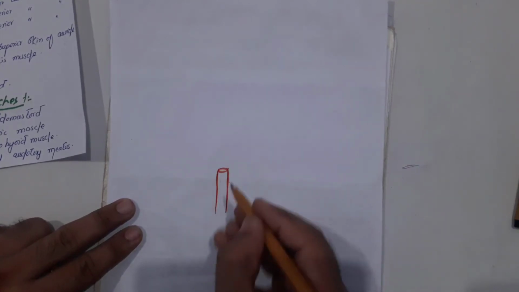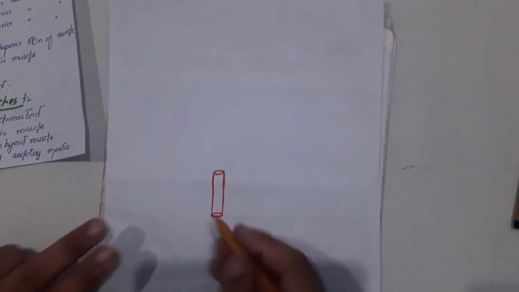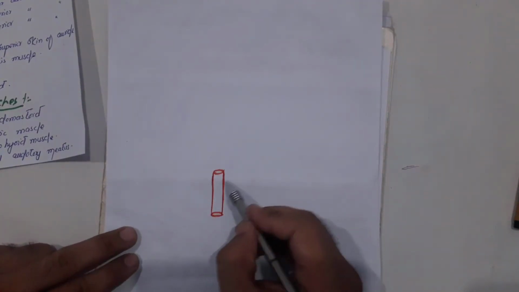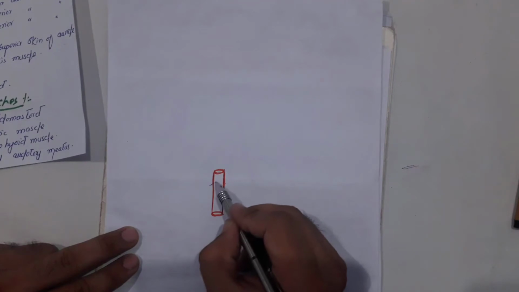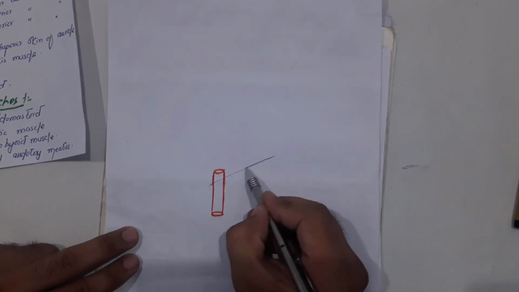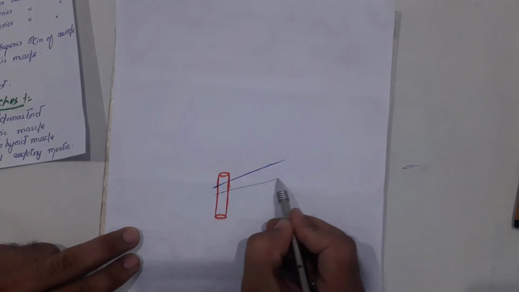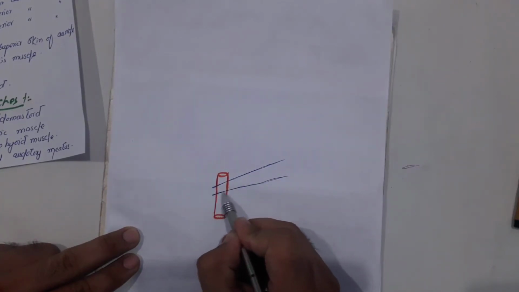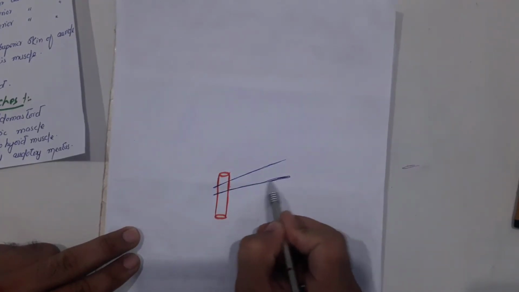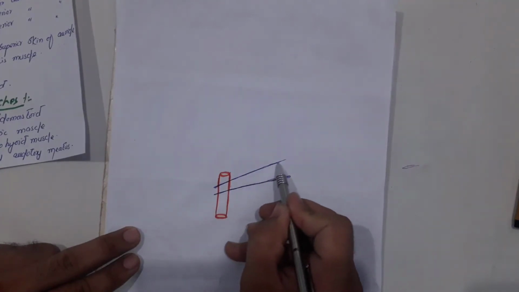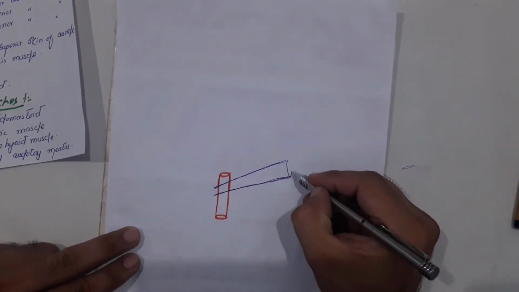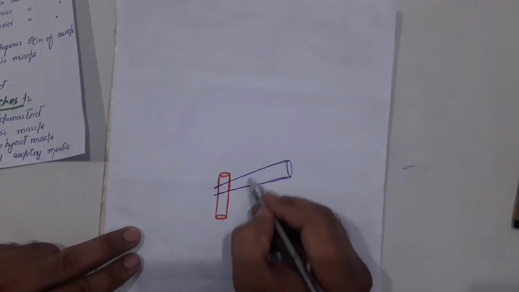You can see this is our external carotid artery, for example, and here is a muscle present which is called the digastric muscle. So let me draw this here. For example, this is our digastric muscle, right? Not all parts of this digastric muscle, but some parts I'm showing here.